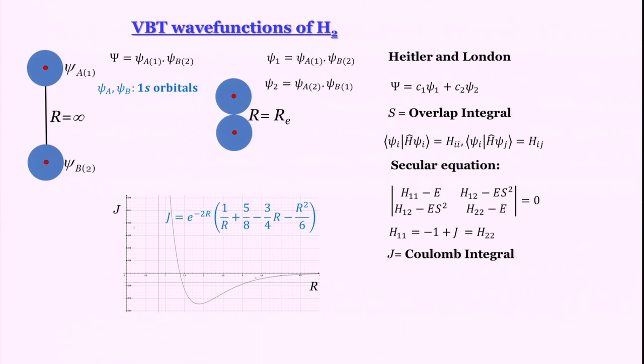But we have figured out Hii, what about Hij? Again, please believe me for now when I say that Hij turns out to be minus S square plus K. Now S we know, what is K? K is something called exchange integral, an intriguing quantity for which there is no classical analog.